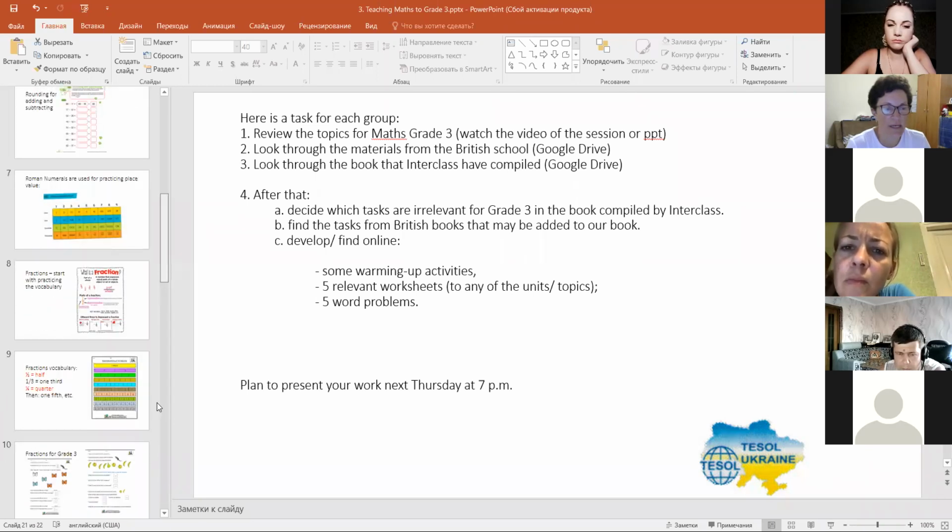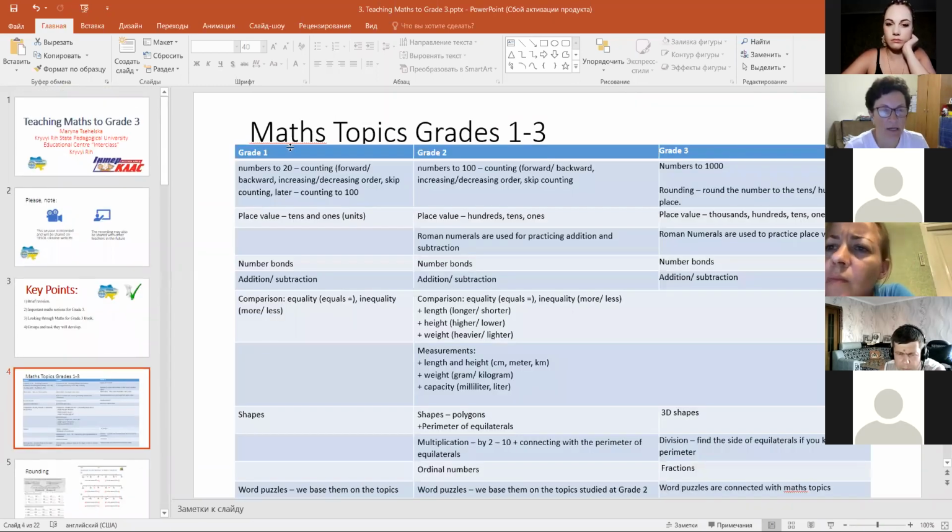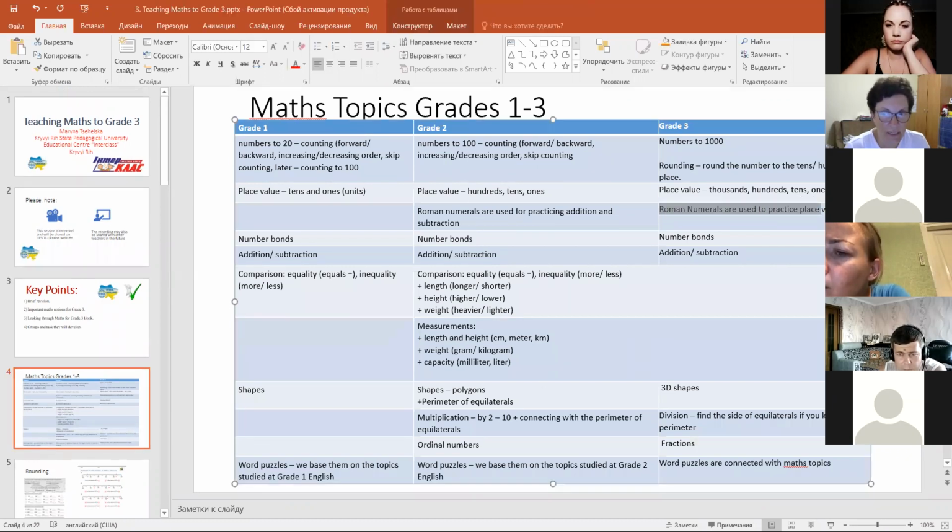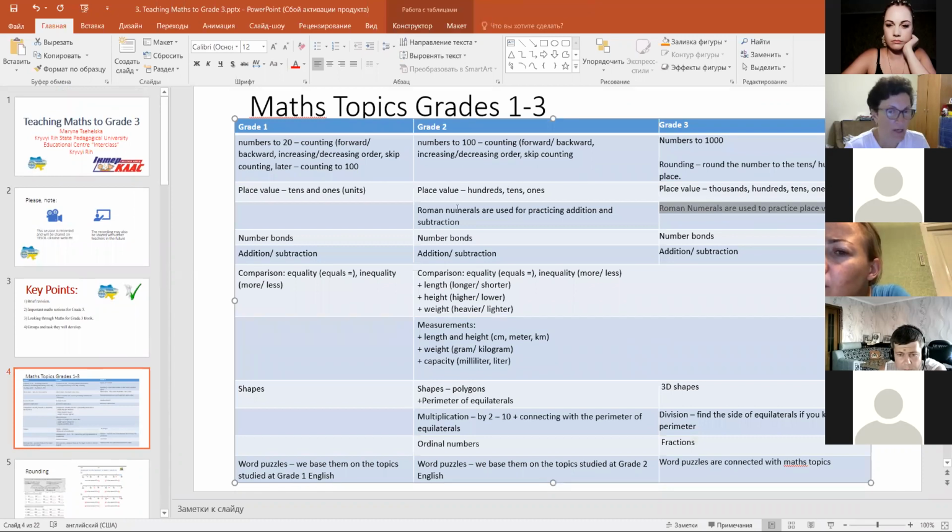You will have this table in your Google Drives as well, and you understand that every time we are studying a new topic, we have to go back and review the topic. Yes, I think it should be a little review. Yeah, absolutely. If we have fractions, then we have to do ordinal numbers.